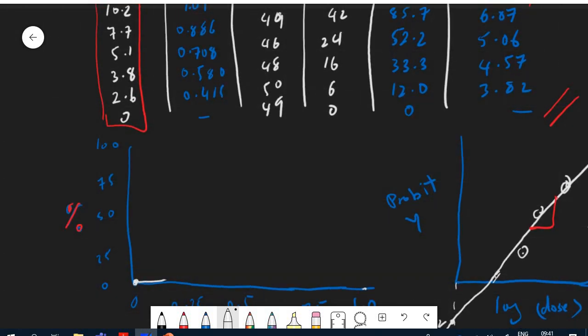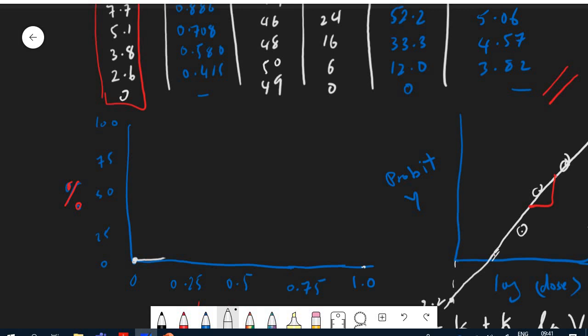At 12 we have 2.6. Sorry, not 2.6, we're taking the log. 0.415 is 12, so 0.415 somewhere here. Just very roughly. 0.58 is 33.3. So 0.58, if I say this is like 0.6 something, I'm just taking anything. So that is 33.3. 0.7, 52.2, somewhere here. Okay, it will be something like that here.